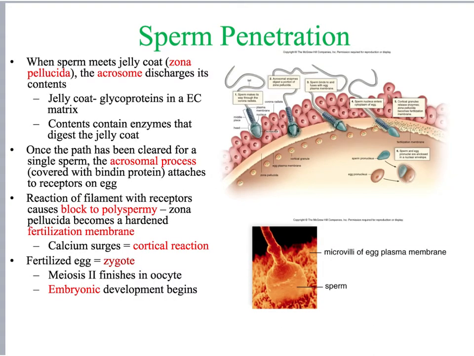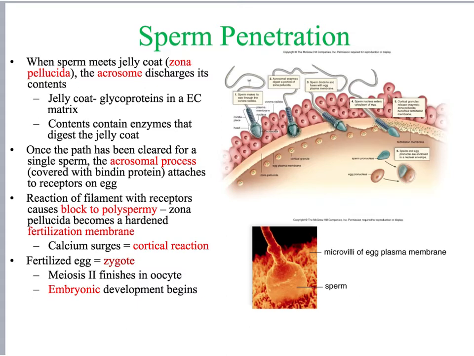Now, when we talk about sperm penetration and fertilization, there's a lot of steps that happen. Remember, we already mentioned that the egg itself, the oocyte, is surrounded by the corona radiata. These are the support cells that went with that secondary oocyte when it was ovulated. Now, there's also something called a jelly coat or a zona pellucida, which is deep to the corona radiata.